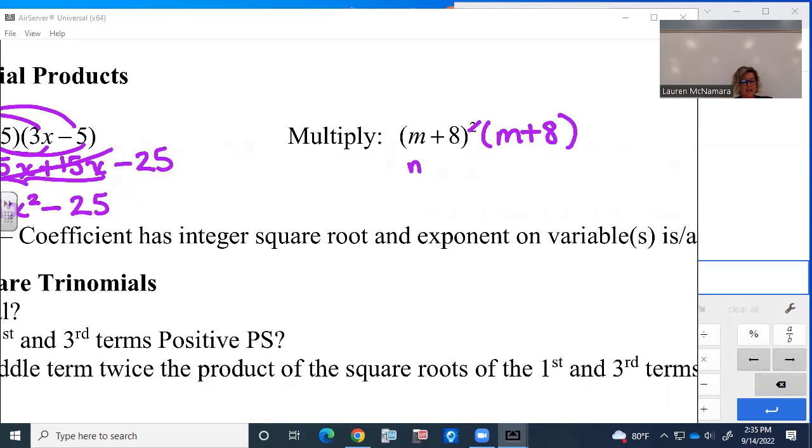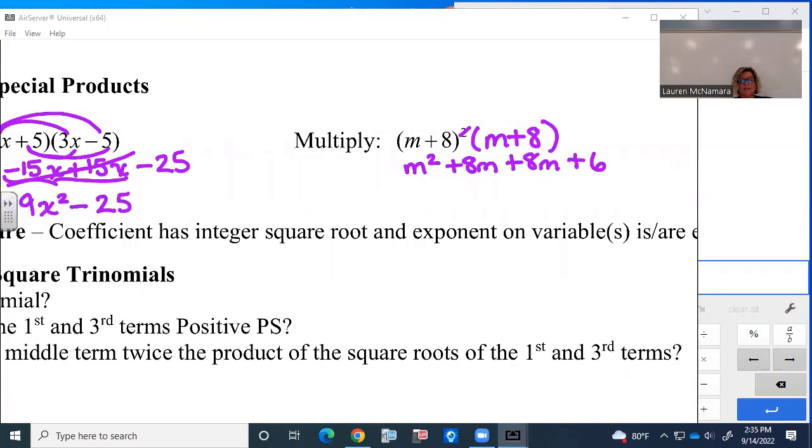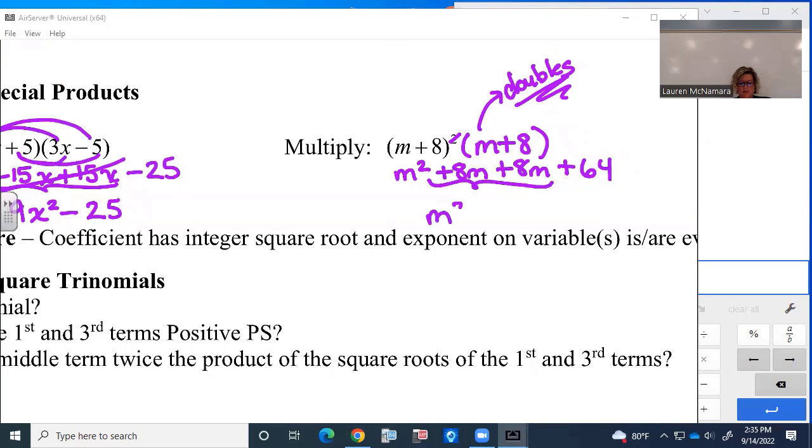Then m times m is m squared, m times positive 8 is plus 8m, and then 8 times m, so I get plus 8m again. And then I have a positive 8 times a positive 8, which is a positive 64. Here, my middle term repeats, or it doubles. Okay, so when it doubles, m squared plus 16m plus 64.